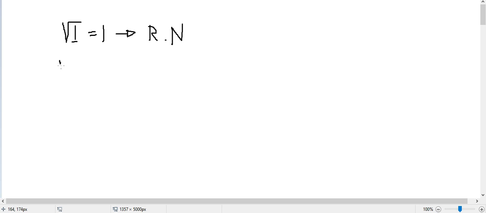Next, square root of 2. The radicand 2 is not a perfect square. Therefore, square root of 2 is an example of irrational number.